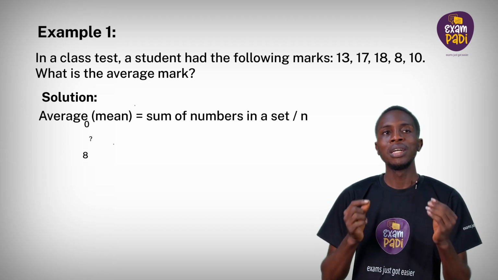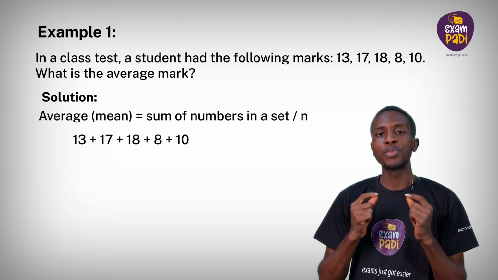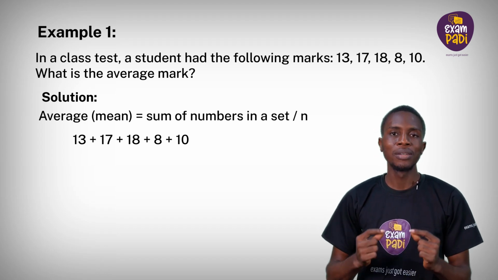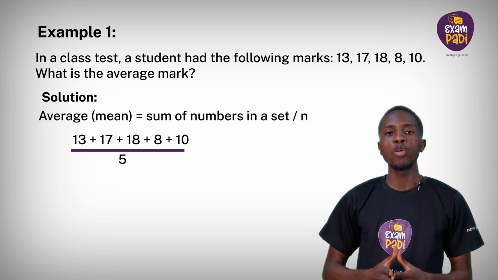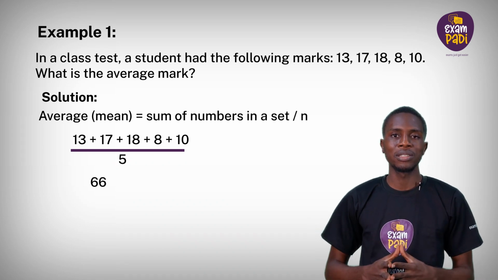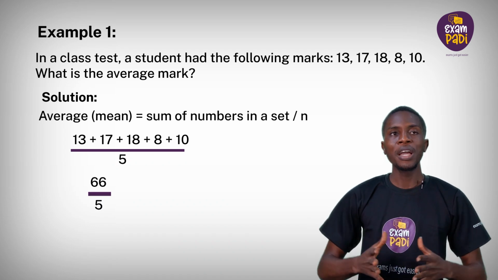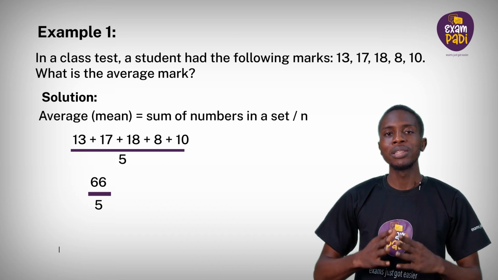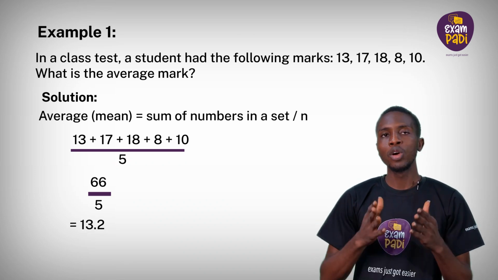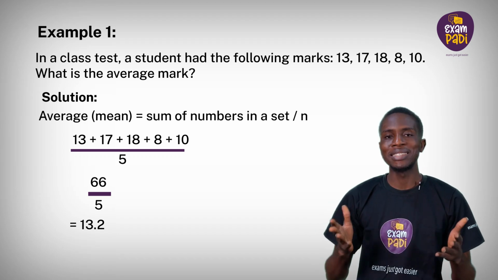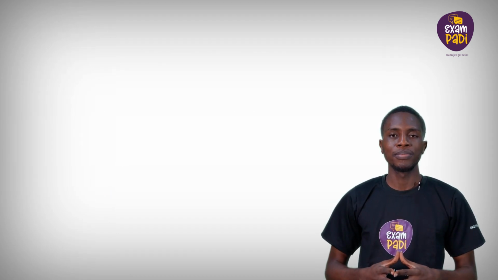And this equals 13 plus 17 plus 18 plus 8 plus 10 divided by 5. The sum of all the numbers gives 66 divided by 5. 5 in 66 equals 13.2. So we can say the average of the set of numbers is 13.2.